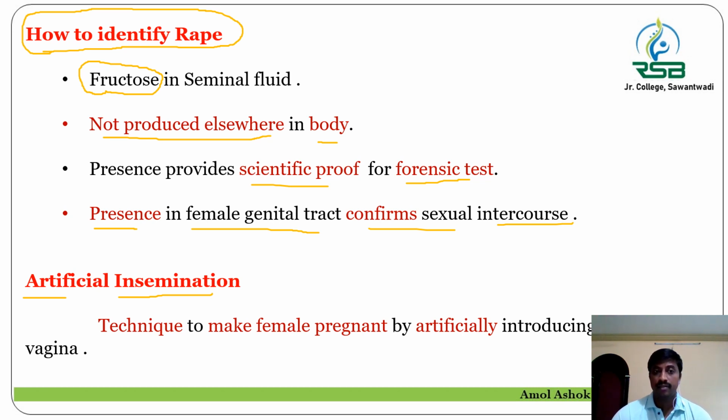In artificial insemination, it is the technique used to make the female pregnant artificially by introducing the semen into the vagina. It is done artificially, so it is called artificial insemination.